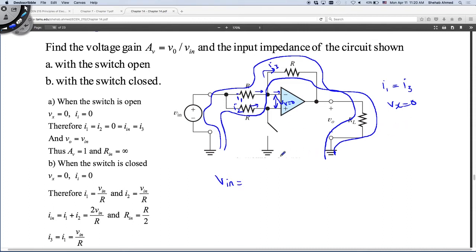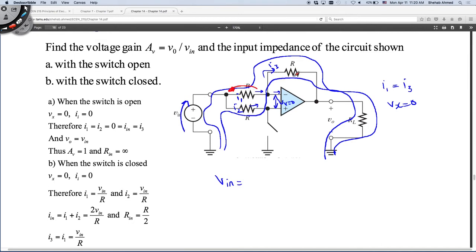Now let's do Kirchhoff voltage law around the loop. There's one loop to the top resistor, one loop to the bottom resistor, because I know Vx is equal to 0. So V input is equal to what? This is current flowing in the resistor, so there's a voltage drop corresponding to that, with the positive terminal here and the negative terminal here, so I draw the arrow this way.